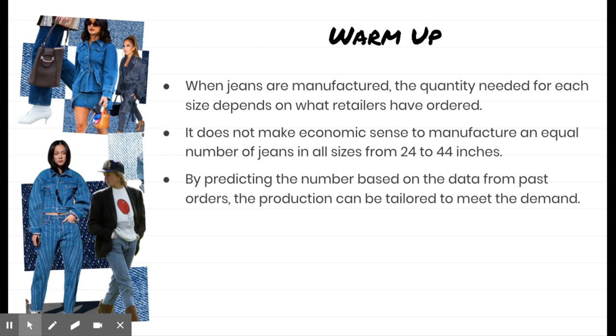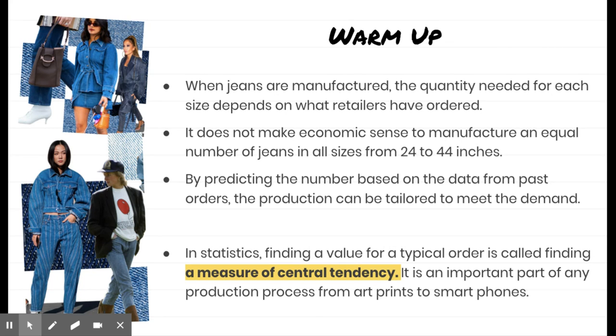So it does not make sense to produce everything under the same amount. So usually a company would just predict the number based on the data from past orders, and the production can be tailored to meet the demand, and also there will be less waste that way. So in statistics, which we are touching on in this last unit, finding a value for a typical order is called finding a measure of central tendency.